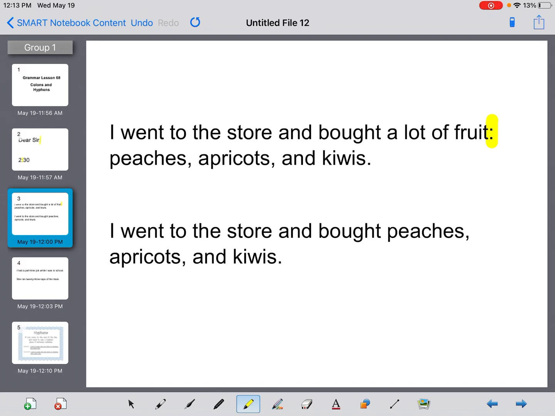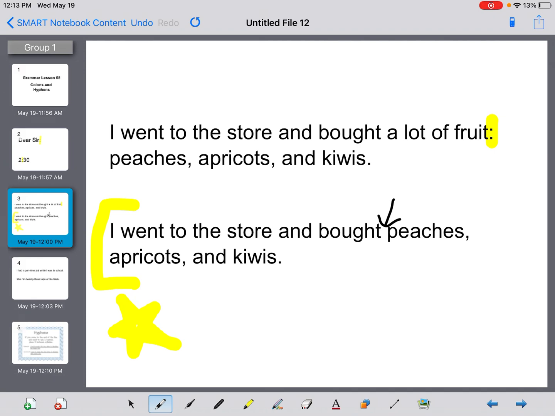"I went to the store and bought peaches, apricots, and kiwis." Now, this second example is probably the more common way to grammatically structure a sentence that has a list in it.